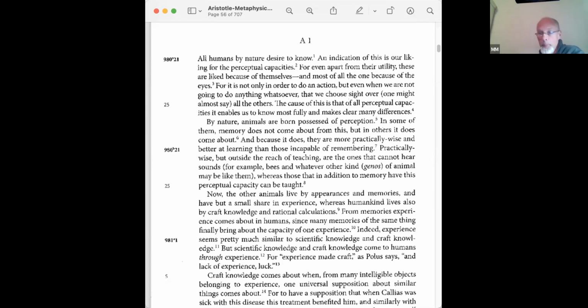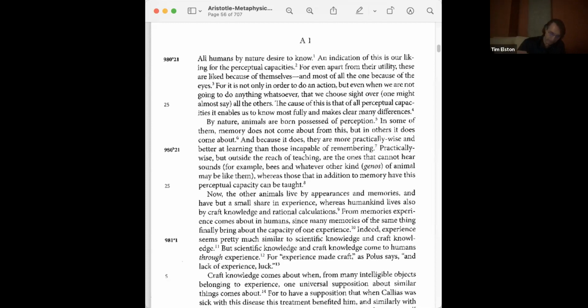So go ahead, Tim. So it seems like he's making a distinction between experience and craft knowledge in the next paragraph, which we haven't read yet. Experience seems to be like repetitive, passive intake, and then craft knowledge is making a categorical or universal, having a universal understanding that is the result of all of those almost passive kinds of intakes.